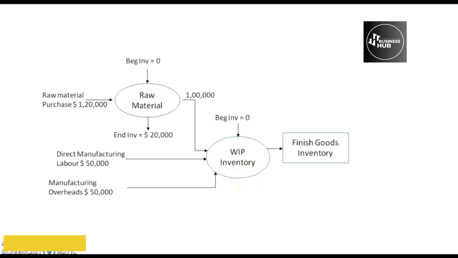But out of that $200,000 work in progress inventory, 90% you have converted into finished goods. That means 90% of $200,000, that is $180,000, is the cost of goods manufactured, COGM, because that has been converted into finished goods.